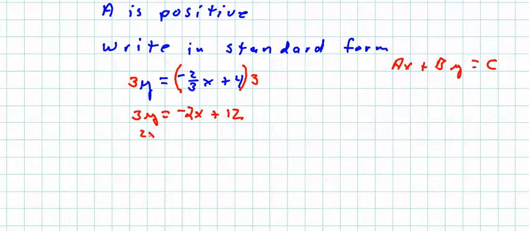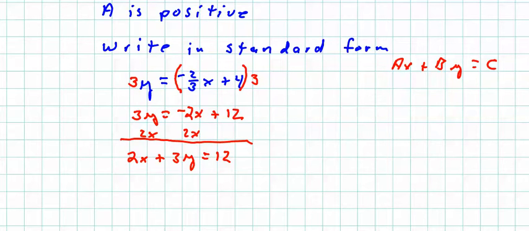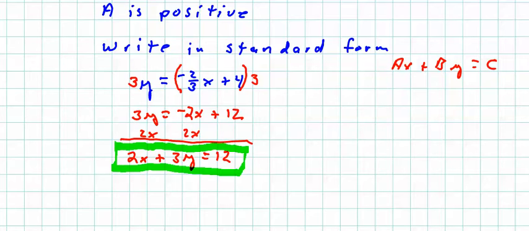I'm going to add 2x to both sides, and I have 2x plus 3y equals 12. No fractions, no decimals, and my leading coefficient, the 2, is positive. All right? That's all there is to it.